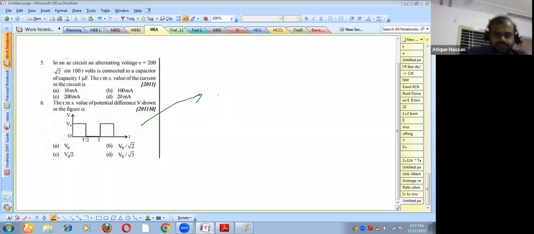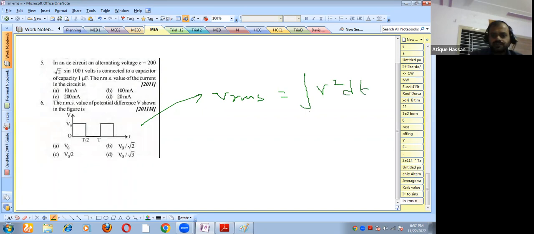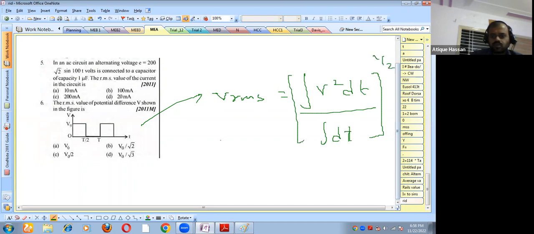Here you have to go for the general formula. What is the VRMS formula? VRMS is the square root of the integral of V squared dt by dt. Now you have to take one time period.